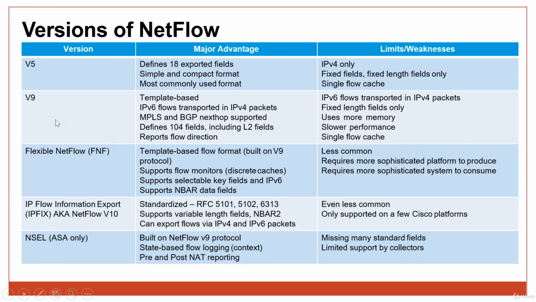Then we have version 9. Version 9 is template based and much more robust. It can have MPLS and BGP supported fields as well, and it supports 104 fields. So you can see 18 versus 104 fields. But again, it has limitations: IPv6 flows are exported inside IPv4, fixed length fields use more memory, slow performance, single flow cache.